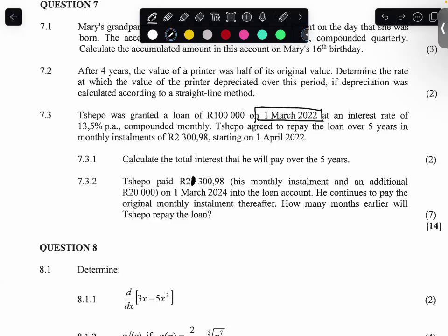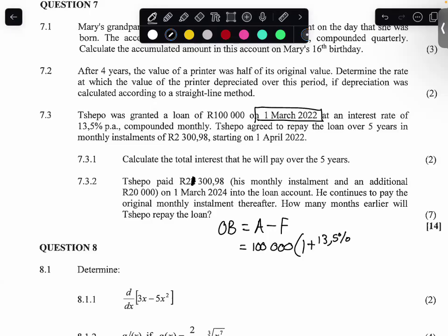So the first thing I'm going to do is calculate the outstanding balance on the loan after the 2 years, 2022 and 2023. I want to know how much is left on the loan. So the outstanding balance is A minus F. So it's 100,000 into 1 plus I, which was 13.5%.